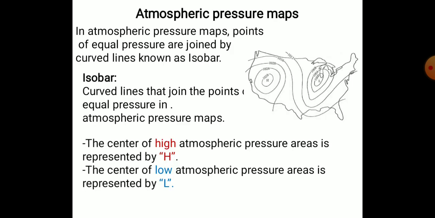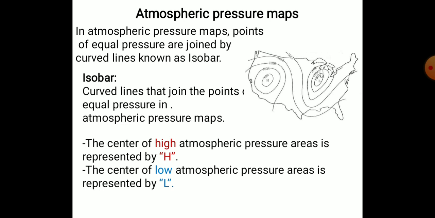Now we are going to talk about atmospheric pressure maps. In atmospheric pressure maps, points of equal pressure are joined by curved lines known as isobars. So from here we can get the definition of isobar: curved lines that join the points which are equal in pressure in the atmospheric pressure maps.